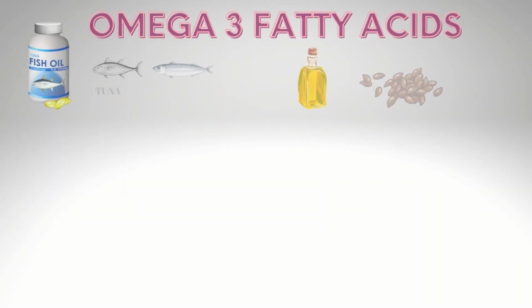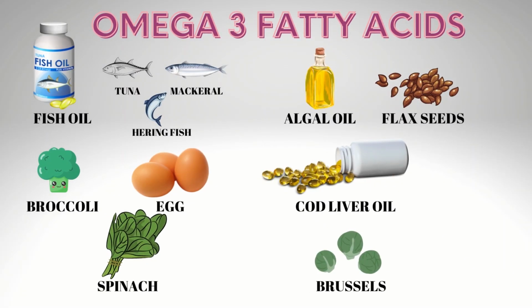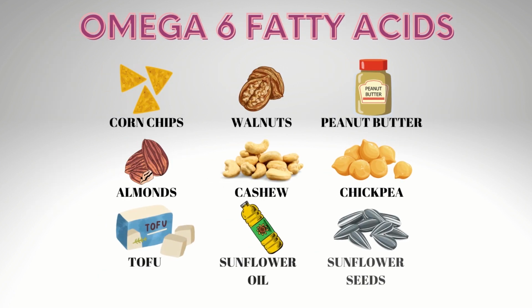The foods rich in omega 3 fatty acid include fish oil, fishes like tuna, mackerel, herring, algal oil, flax seeds, broccoli, egg, cod liver oil, spinach, Brussels sprouts, etc. The foods rich in omega 6 include corn chips, walnuts, peanut butter, almonds, cashew, chickpeas, tofu, sunflower oil, sunflower seeds, etc.